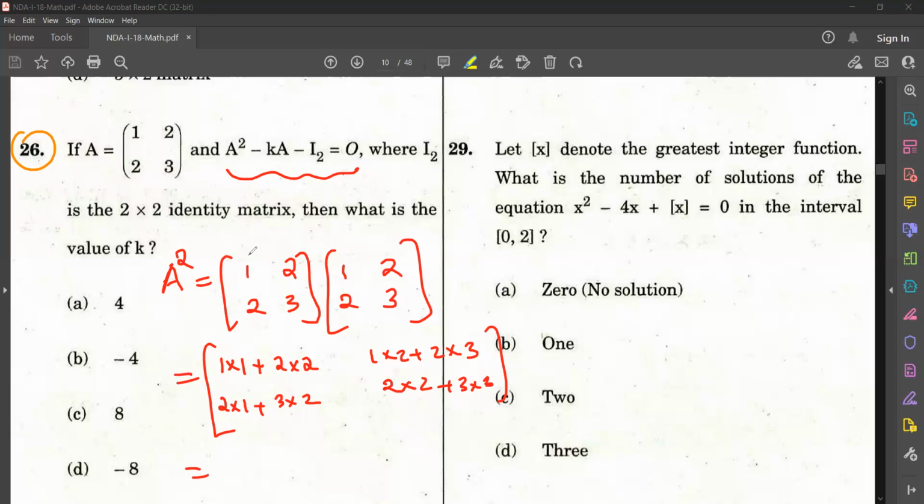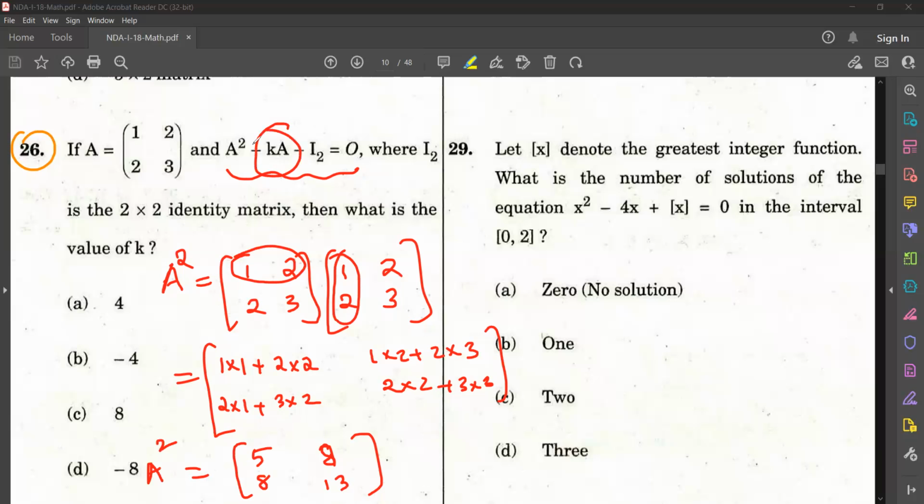You have to first take the first row, first column. Then take the first row, second column. Like that you have to do. So what did you get? You'll get 1 plus 4, 5; 2 plus 6, 8; 2 plus 6, 8; 4 plus 9, 13. So you got A square.